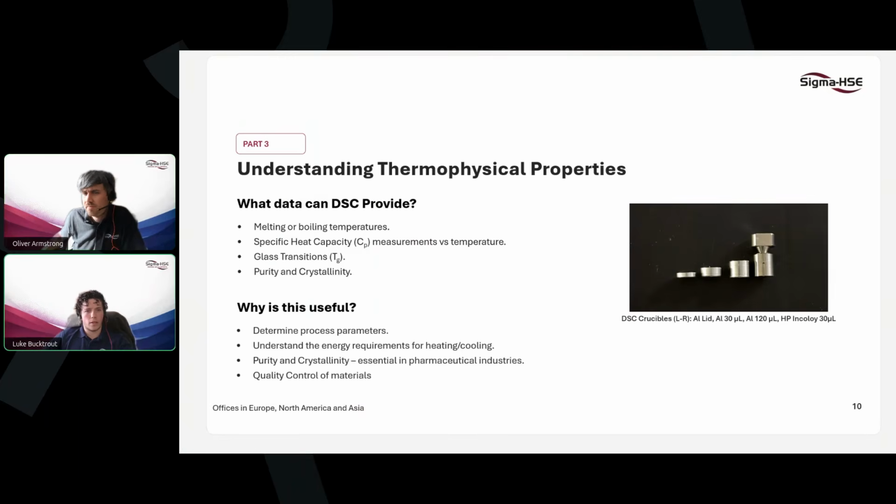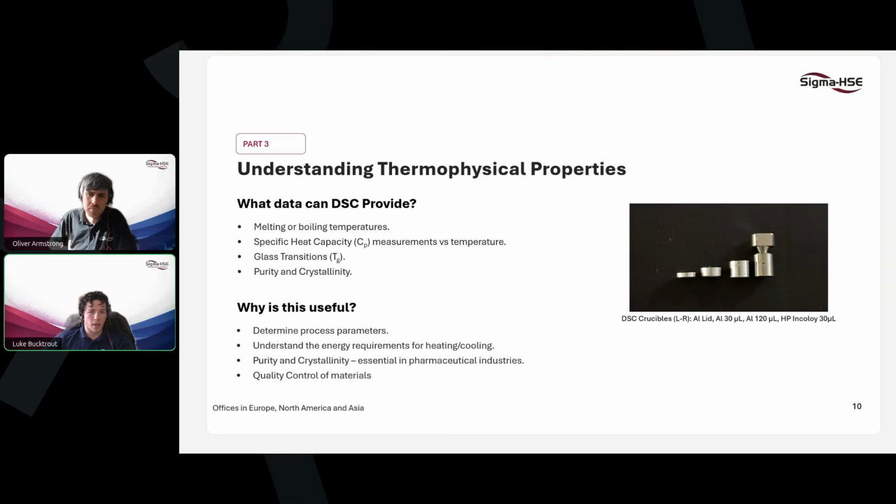Yeah, thank you, Ollie. So moving away then from the thermal stability and the data associated with exothermic events, we can now focus on the analysis of the endothermic data that we see in the spectra and how we can use it to assist in chemical process evaluation. So we can study the typical endothermic phase changes associated with melting and boiling temperatures of a material.